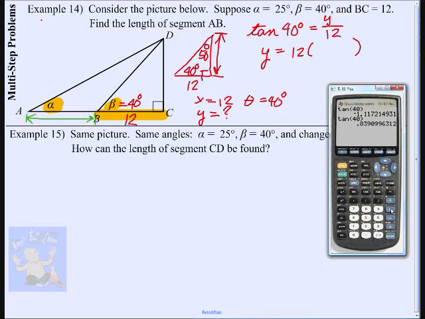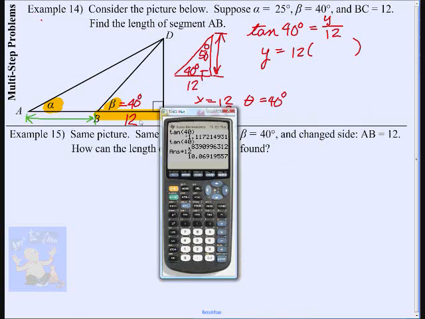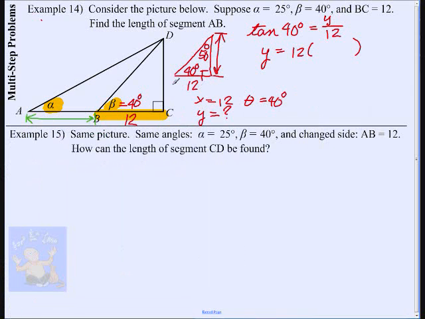And we're going to say times 12, right? So 10.07, I'm going to call it. So right here I've got 10.07. I'm actually going to erase my work because I don't have enough room to do the rest of it.